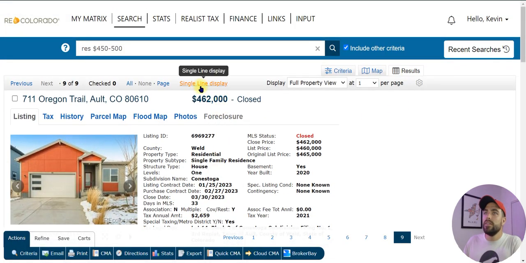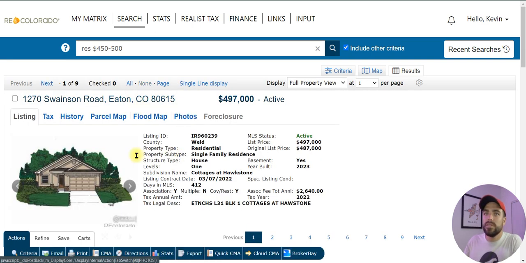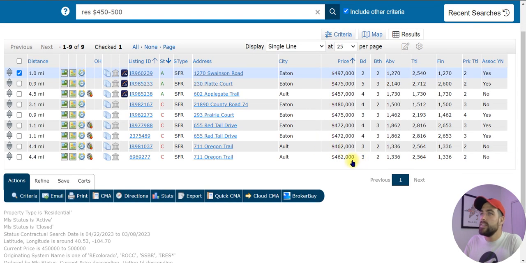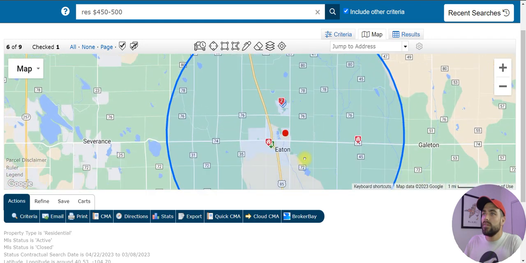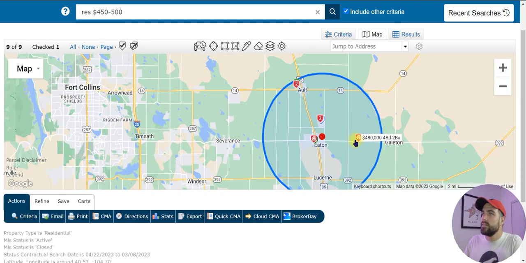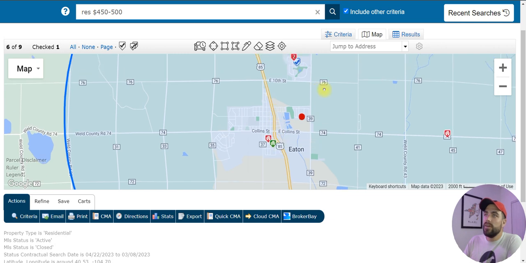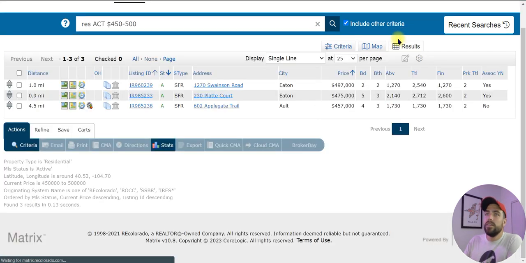Okay, so now that we see all those, I want to exclude, what was it, this one? That's not even built yet. Let's go back to this map. So based on what I'm looking at here, if you're competing in the 450 to 500 range, let's just look at these active ones.